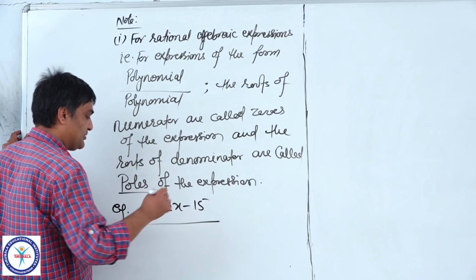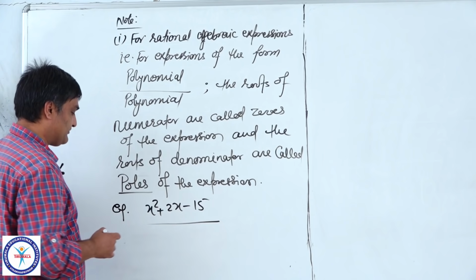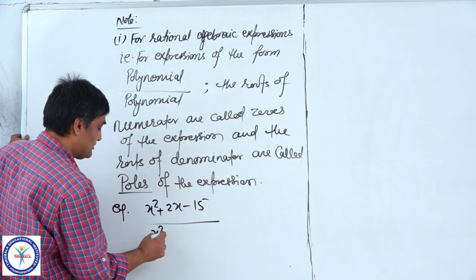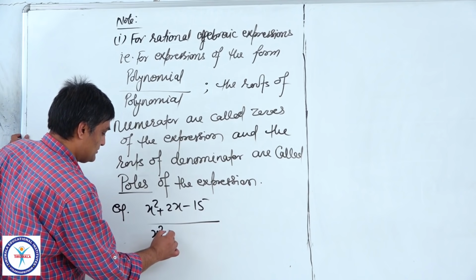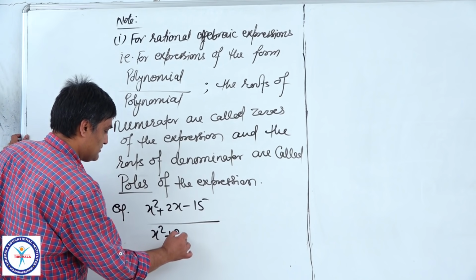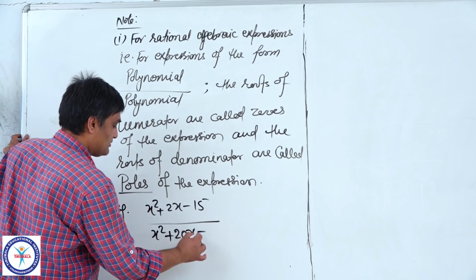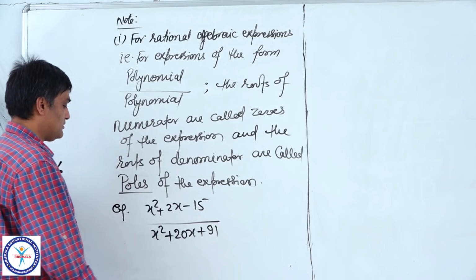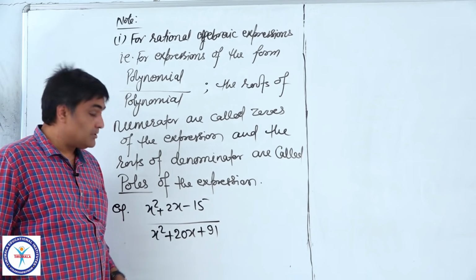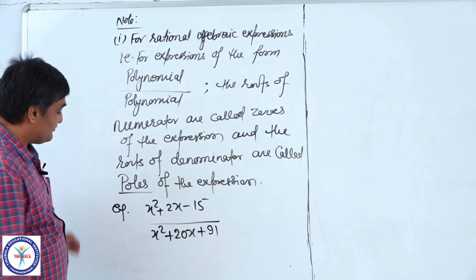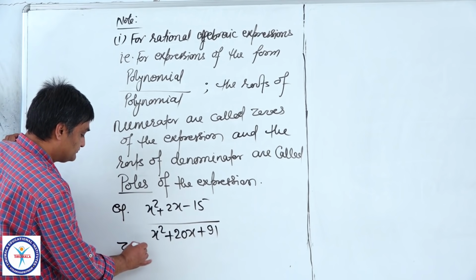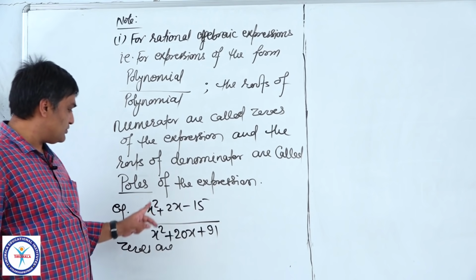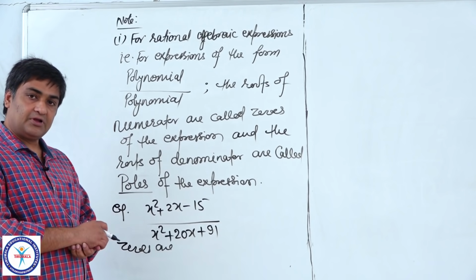For example, x square plus 2x minus 15 over a denominator. Zeros are roots of numerator. So what are the roots? Can you tell me?